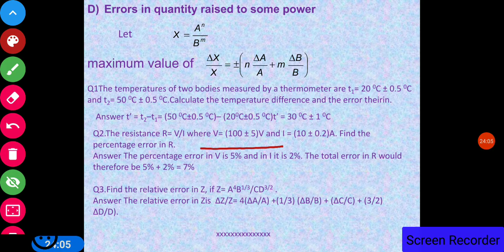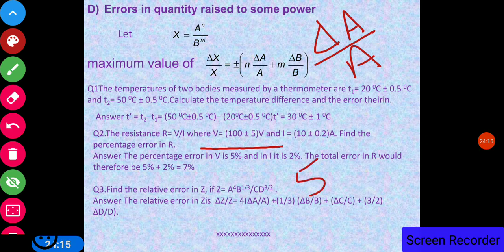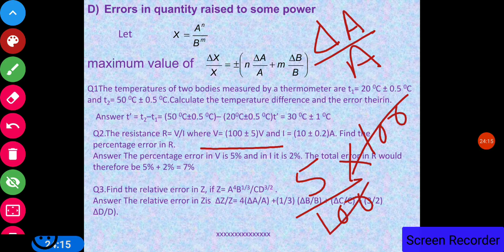Now to convert absolute error into relative error, we use del A upon A. So here del A is 5 and A is 100. So this is the relative error. For the percentage error, multiply by 100, the 100 cancels out and the result is 5%.